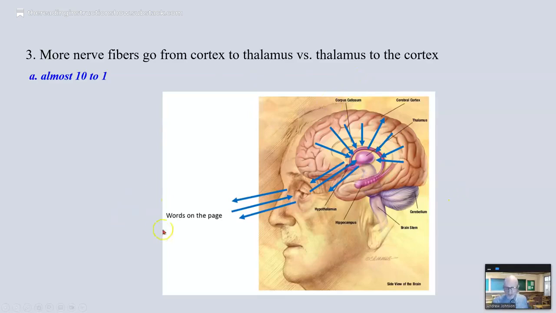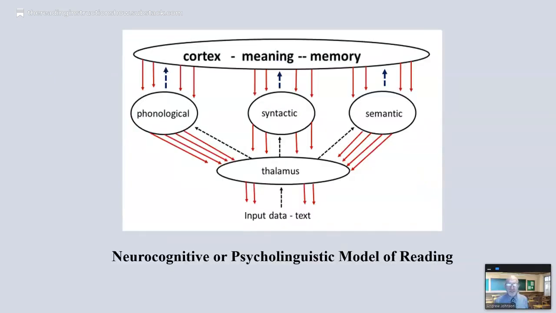In the simple view of reading, you gather information from the page, words on the page, up through the eyes to the thalamus, and then up to the cortex. But in actuality, more information is flowing down from the cortex to the page than the page up. What does that mean? We use what's in our head to make sense, to create meaning with what's on the page. And you'll see why that's important in a minute.